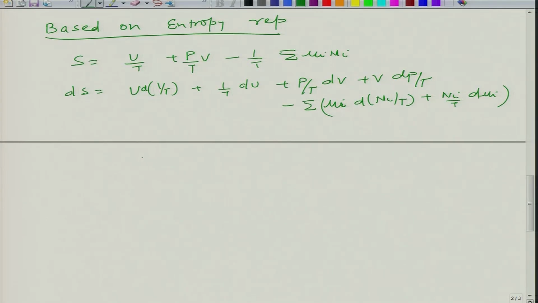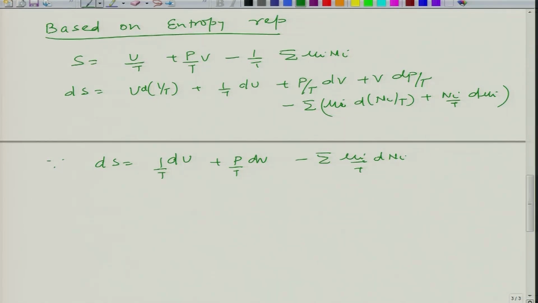Now, for the expression for entropy, we know that dS is dU 1 by T plus P by T dV minus summation mu_i by T dn_i. So, this is the expression for dS.